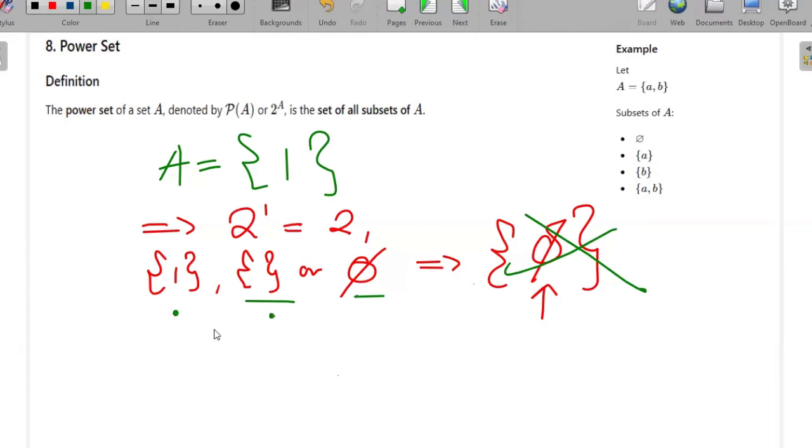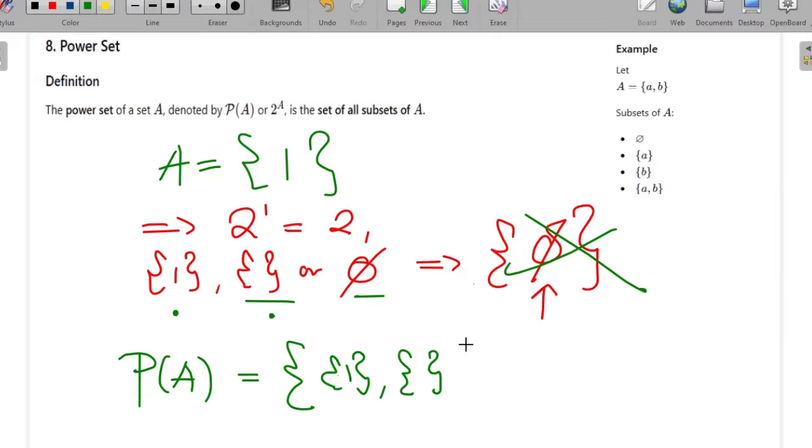Now the power set of A is going to be a set that contains all the subsets of this set A. The power set is indicated by P of A, which will be equal to, and then you list the subsets of that particular set. So I have the set itself, which contains one, and then the empty set.